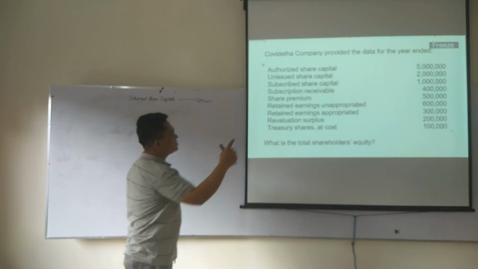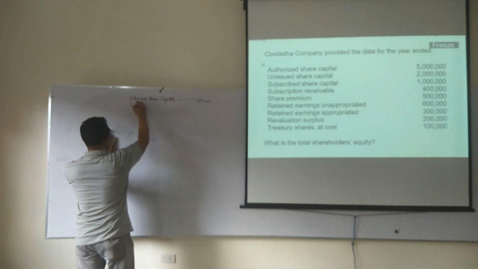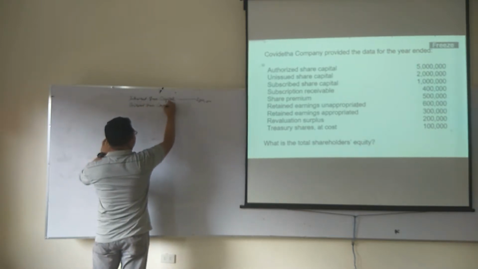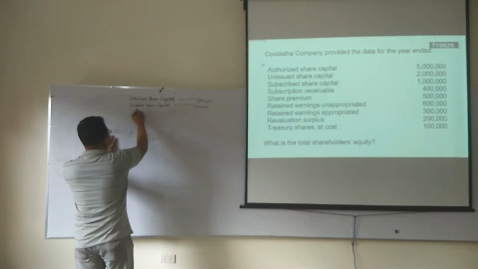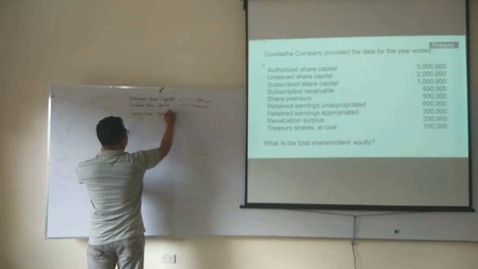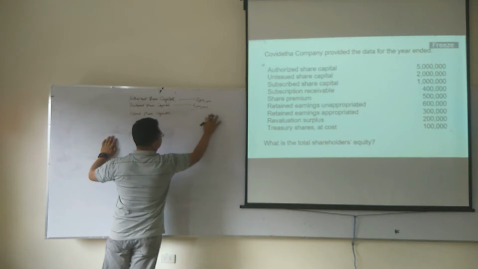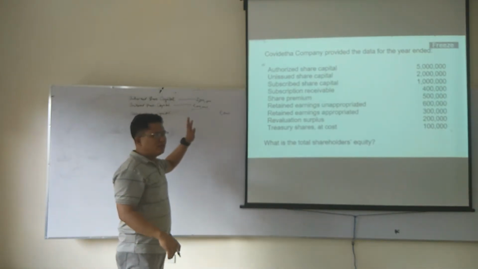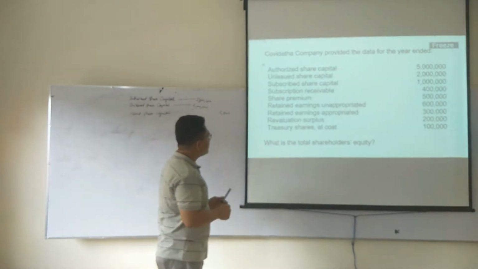If the company is authorized 5 million, and at the end of the year the unissued share capital is 2 million, that means the issued share capital for the year is 3 million. Authorized minus unissued equals issued share capital for the year.